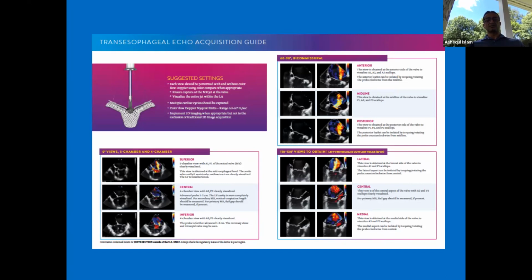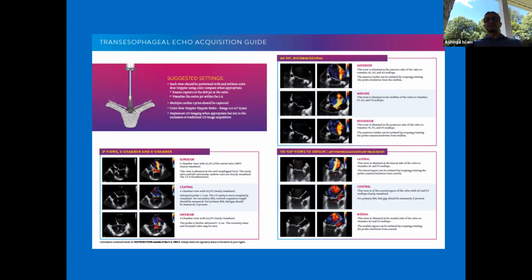It could be broad, of course, depending on how big the LV is. So the central segment of the mitral valve is A2 and P2. And the inferior segment, if you push the probe down even further, shows the medial aspect of the valve at 0 degrees, which is A3 and P3.